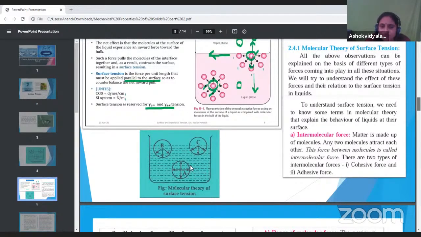Suppose matter is made of a number of molecules and any two molecules attract each other, and this force between molecules is called intermolecular force. But there are two types of forces. First one, cohesive force, and second one, adhesive force.